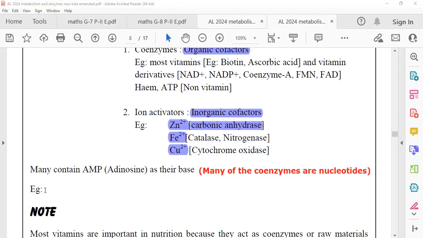Now see, NAD plus is a coenzyme. NADP plus is a coenzyme. FAD is a coenzyme. Coenzyme A is a coenzyme. All of them are nucleotides. They have AMP, adenosine with them, meaning they are adenine based nucleotides.